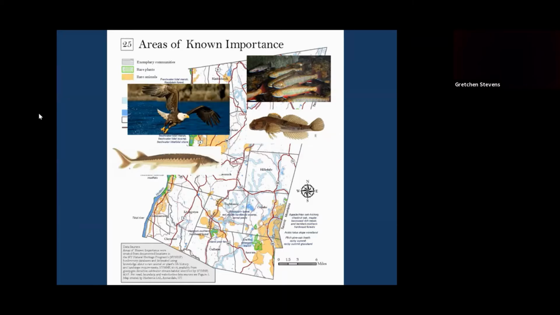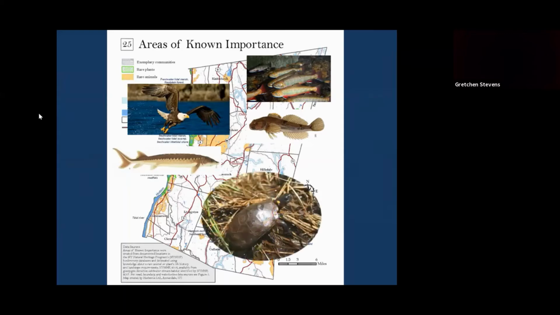The orange areas in the southeast part of the county, Copake and Ancram, indicate the known locations of rare animals of the Taconic Ridge and the calcareous wetlands of the Harlem Valley. For example, the bog turtle is an endangered species in New York, and its core habitat here is the calcareous fens that occur in this part of the county.